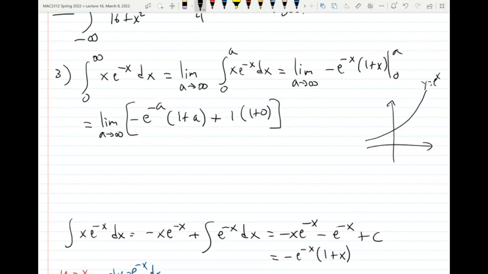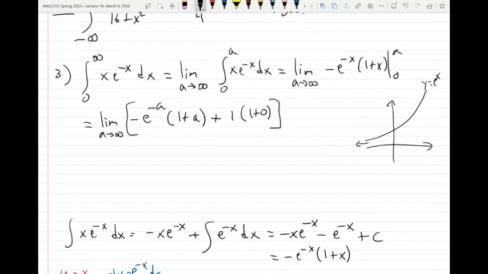So when a approaches positive infinity, negative a approaches negative infinity. So what happens when the argument of the exponential goes to negative infinity? What does the function approach? It approaches 0. So this would be infinity times 0, or 0 times infinity. That's an indeterminate form. Okay?